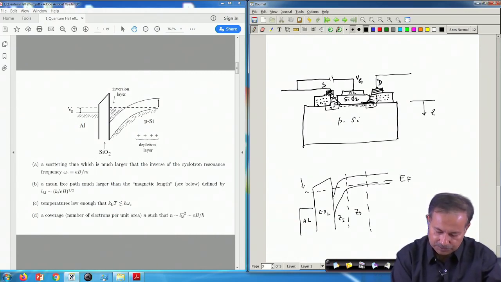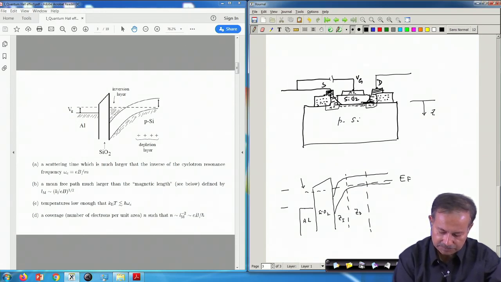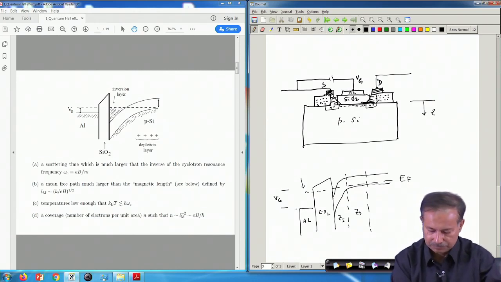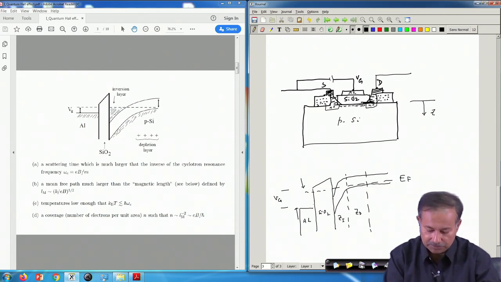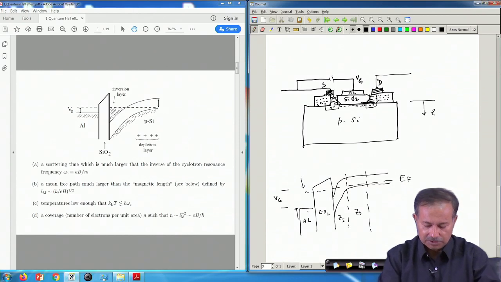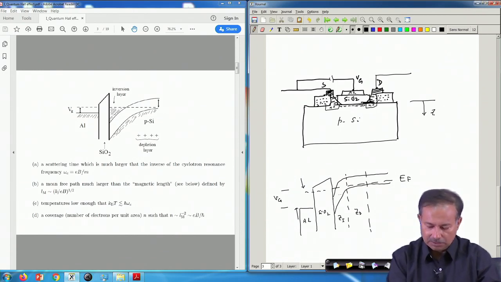Now, you put the gate voltage, Vg, here at the aluminum, so that you can now move this Fermi level up and down, or another way to think about it is you can move these conduction and valence bands up and down.